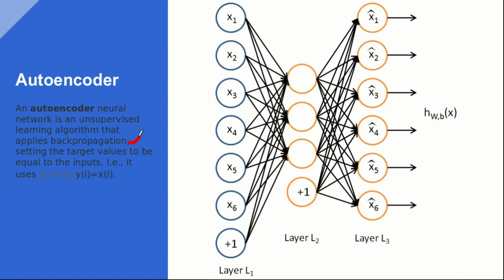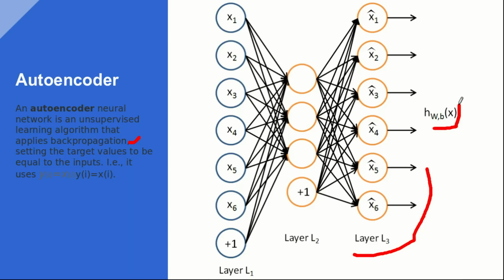The identity function seems a particularly trivial function to be trying to learn, but by limiting the number of hidden units, we can discover interesting structure in the data. So this image over here is a picture of an autoencoder, and it often ends up learning a low dimensional representation very similar to principal component analysis. This is the function which the autoencoder maps.